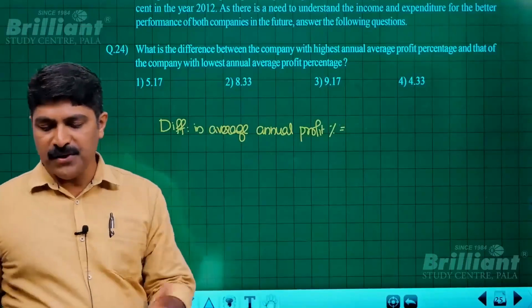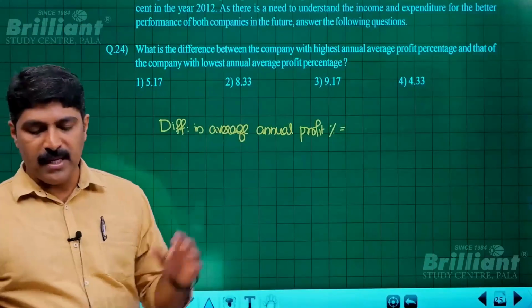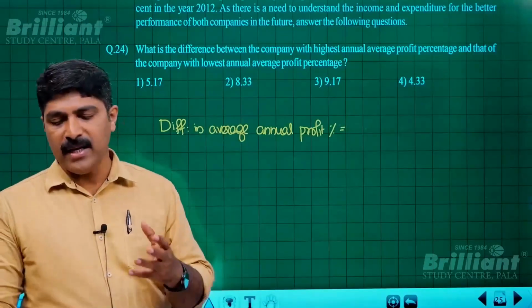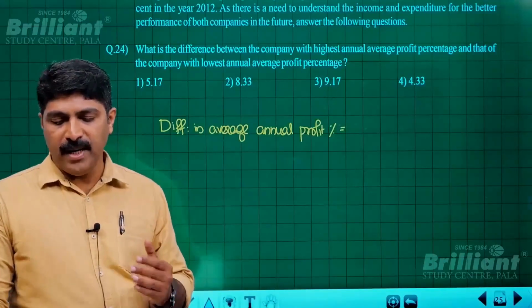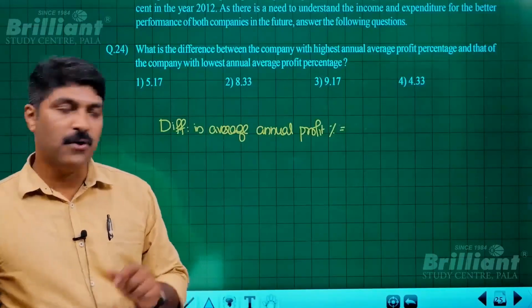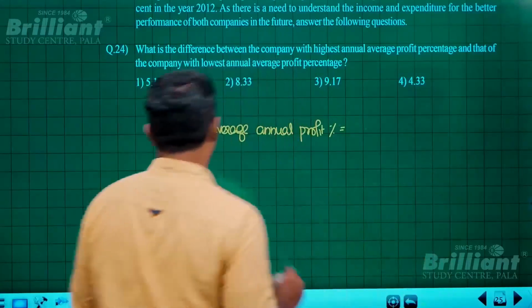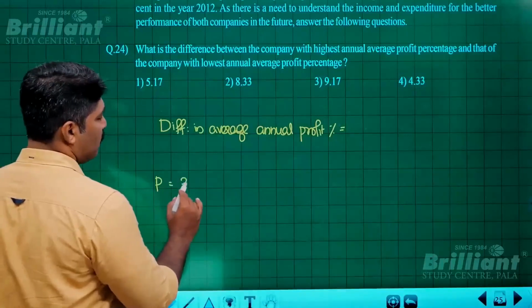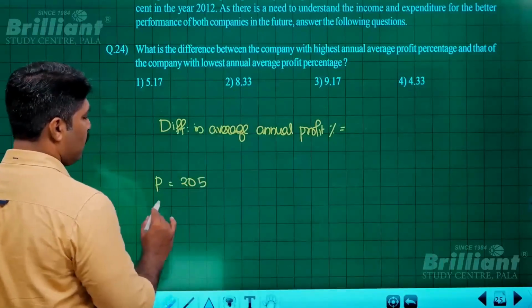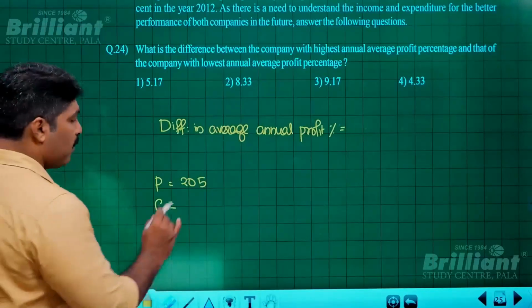For the first company, Polaris, when we add all those values, the sum will be equal to 205. And the sum of Contingent, adding all those values together, will be equal to 260.